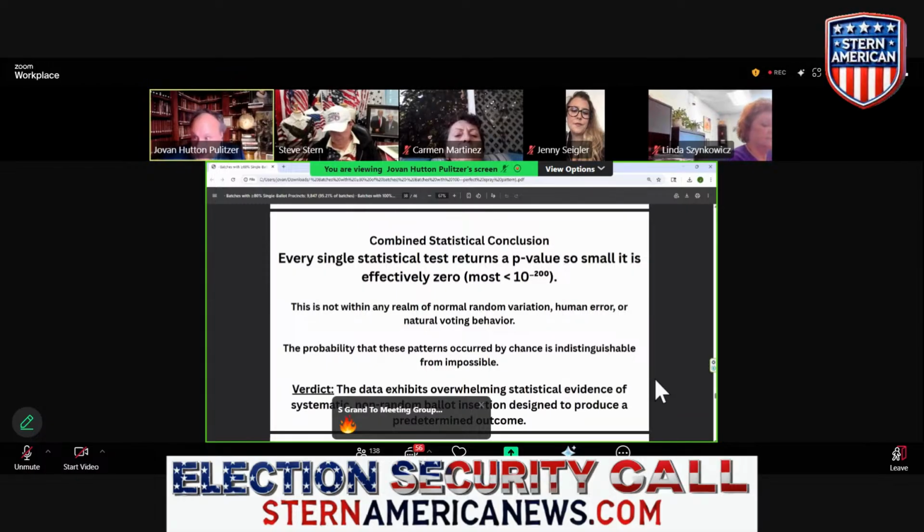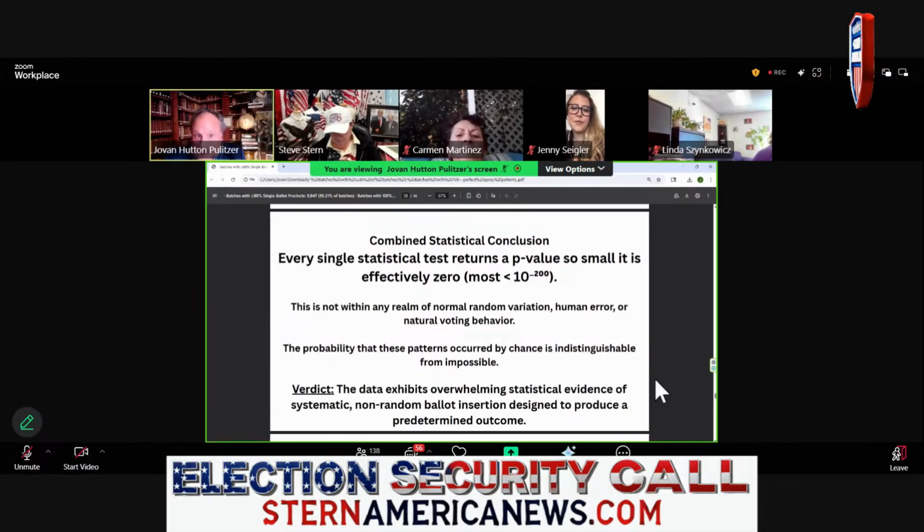The p-value that this occurred organically is basically whatever number to the 10th power with 200 zeros. If you wrote that down, you would write 1, 2, 3, 4, 5, 6, 7, 8, 9, 10, and then you would put 200 zeros behind it to get the odds that this occurred in a natural voting behavior.